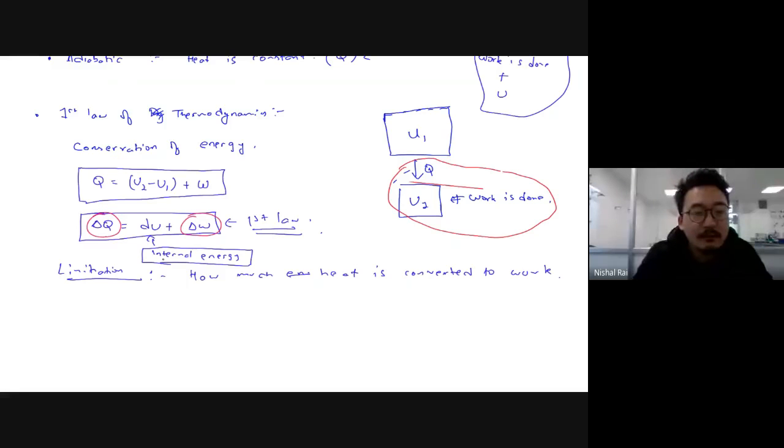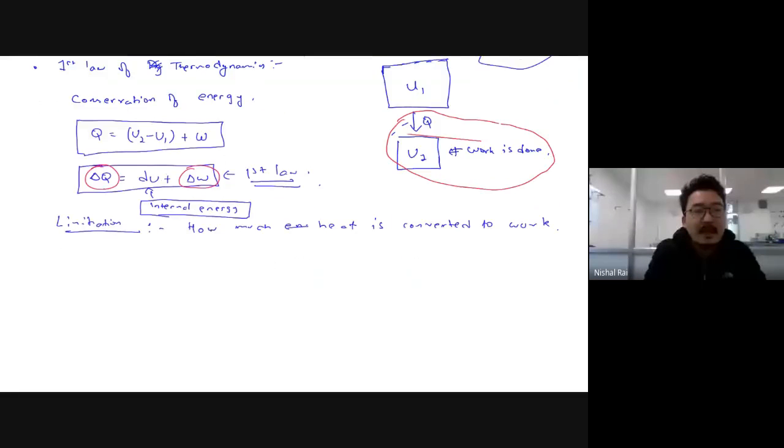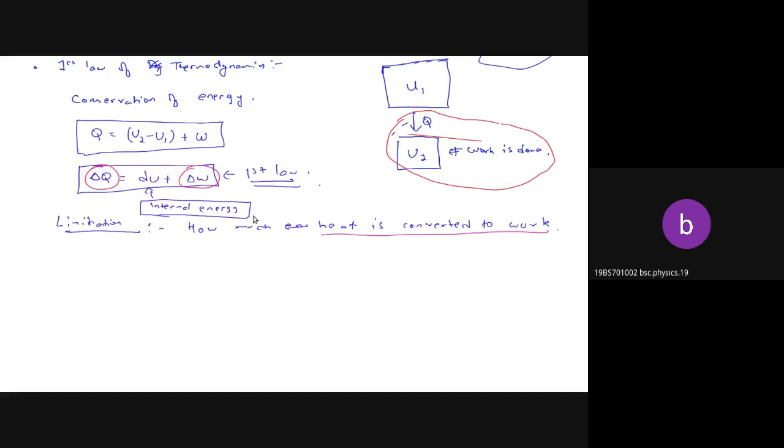From there, you can find the internal energy of a given system. So this is an application of the first law of thermodynamics. But there is also a downside. There is also a limitation, which is it does not tell you how the heat is converted to work. Clear? Is it clear? Yes, sir. Okay.